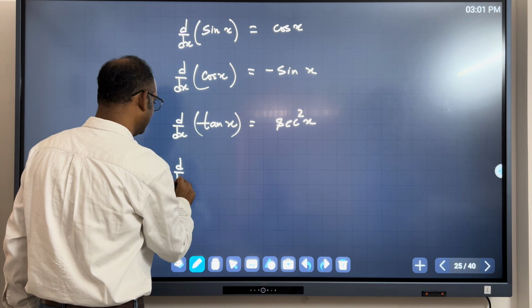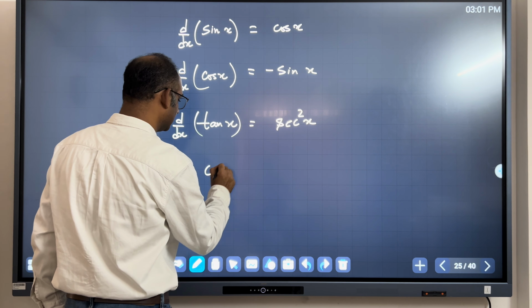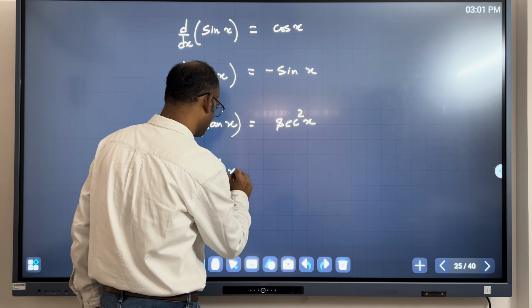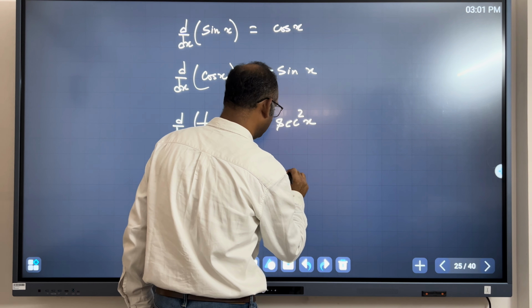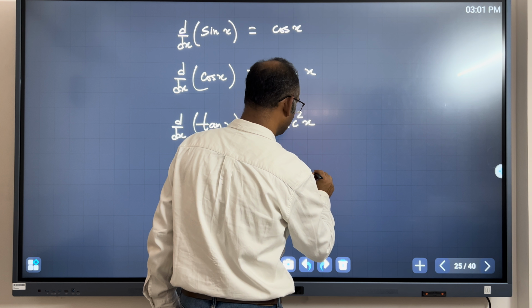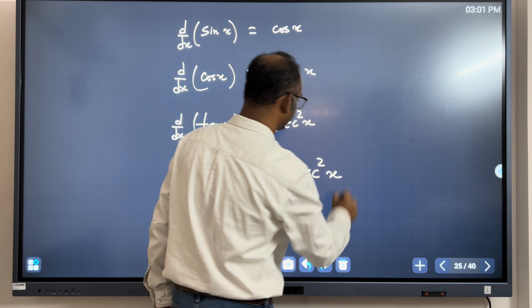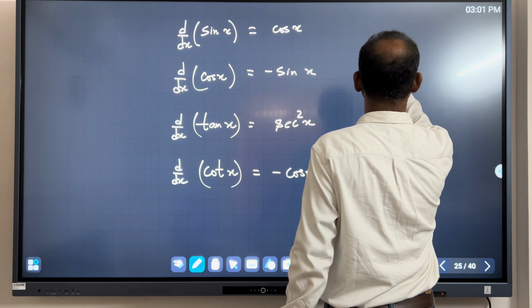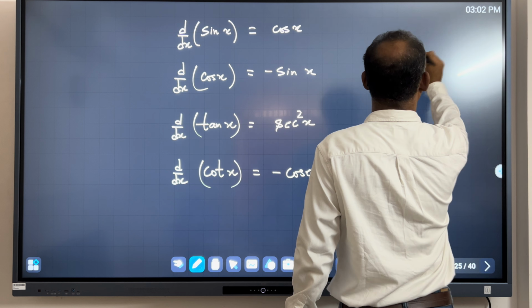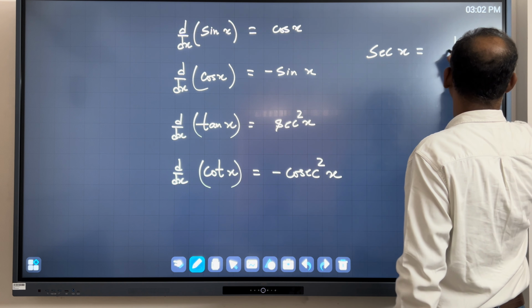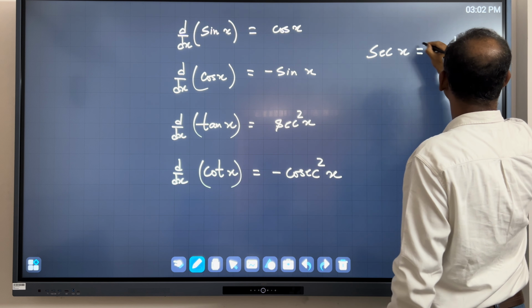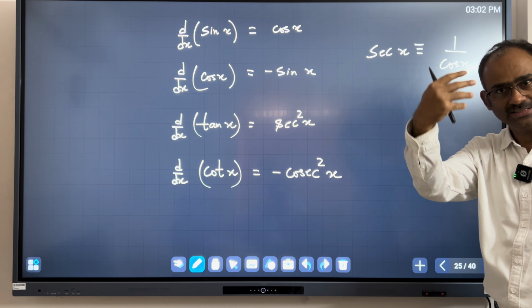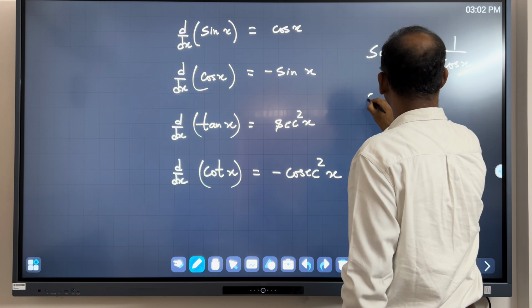And show that d over dx of cot x, cot is 1 over tan, which is cos over sine, is equal to minus cosecant square x. Okay, where what is secant of x? Secant of x is 1 over cos x. Okay, that's the definition. When I put 3 lines, it means definition, or sometimes it means identity. Okay, and what is cosecant of x?